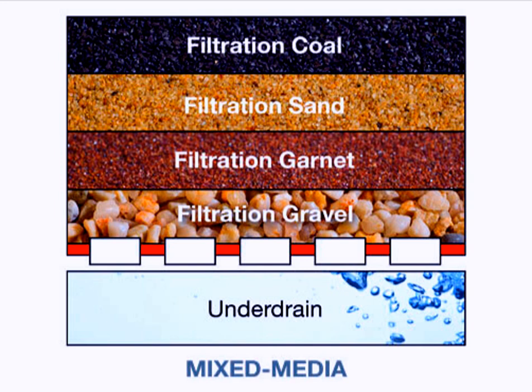When GAC is used in the retrofit of a conventional rapid sand filter, 15 to 30 inches or 0.38 to 0.76 meters of GAC is placed over several centimeters of sand.